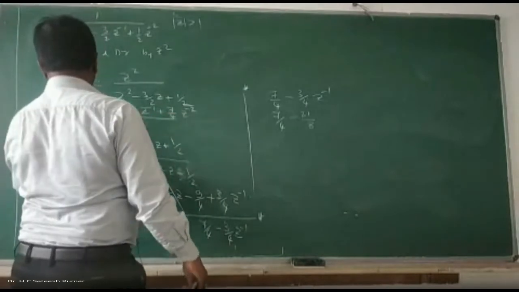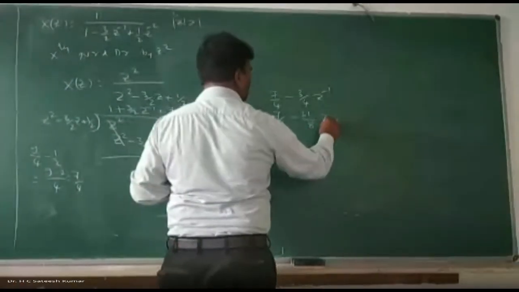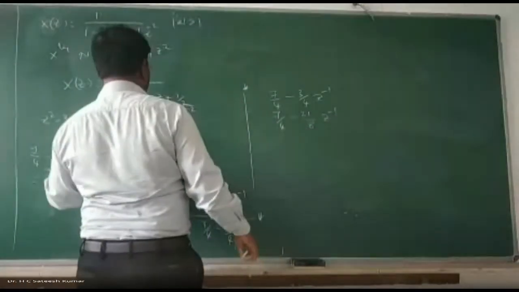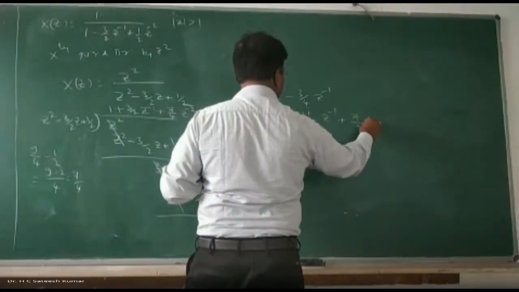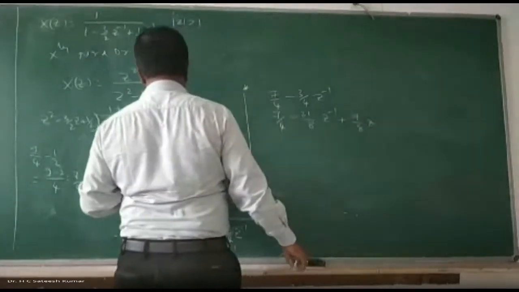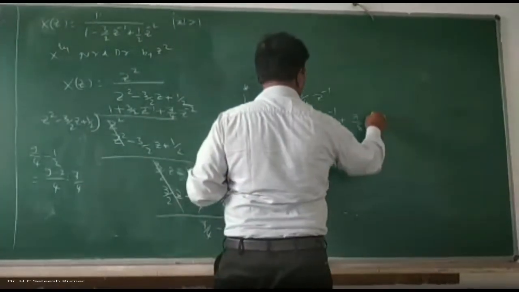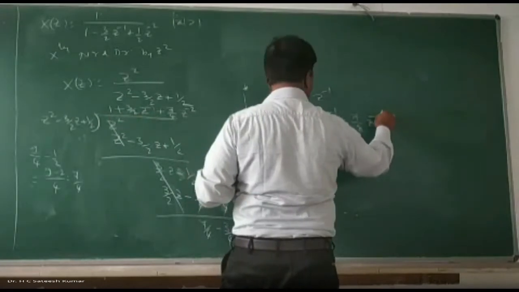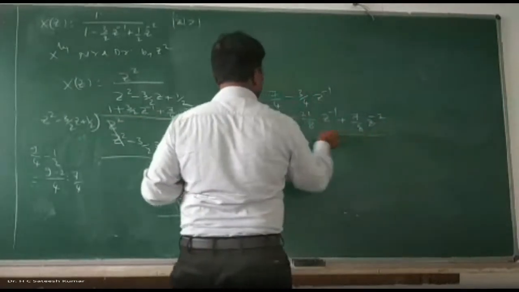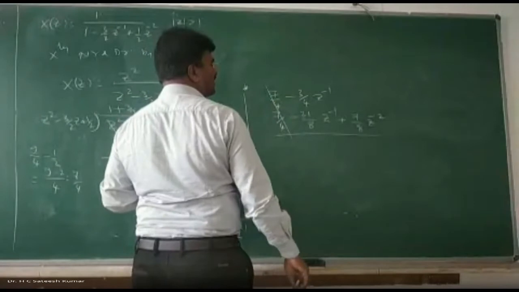Z to the power of minus 2 into z is z to the power of minus 1. And the last one is plus 7 by 8 into z to the power of minus 2 into z to the power of minus 2 into 1 is z to the power of minus 2. Okay, these two get cancelled.